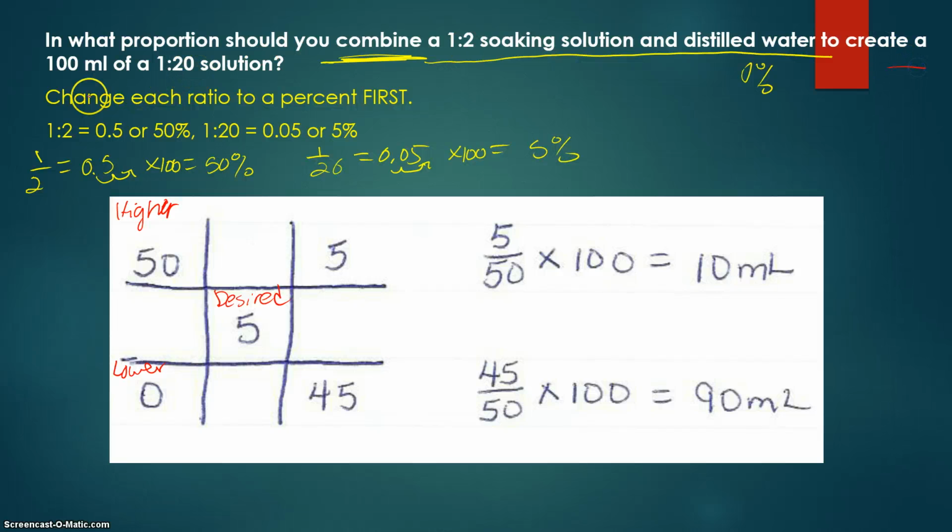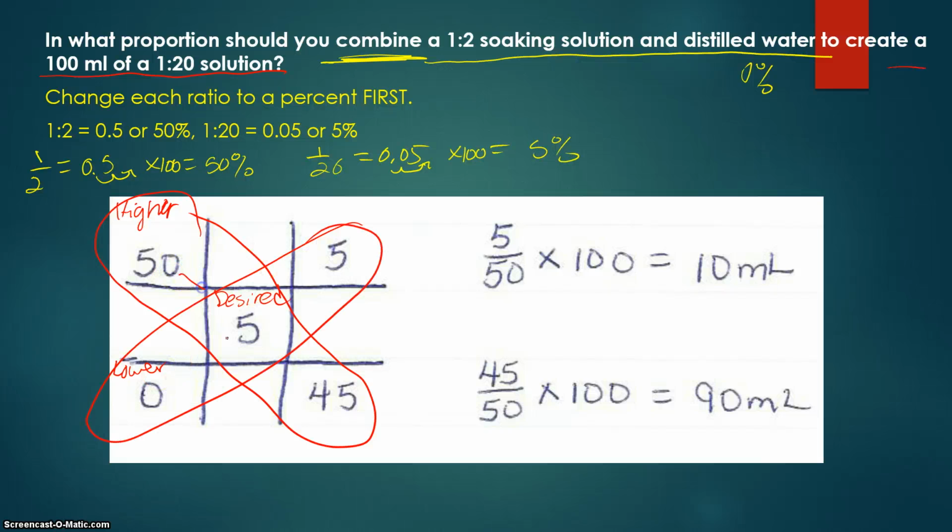So it says to create a 100 ml of a 1 to 20 solution. So desired is 5, right? Because we figured out the 1 to 20 is actually 5%. 50 minus 5 gives you 45. 5 minus 0 gives you 5, right? And add up the right-hand column. 45 plus 5 gives you 50 total parts, right?